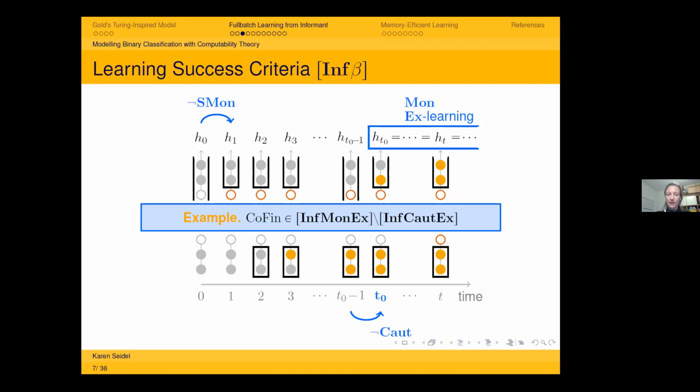One important example that separates monotonicity from cautiousness are the cofinite sets, the collection of all complements of finite sets. The strategy that works very well here is again an Occam's razor-like strategy, saying that you guess that the negative information you have seen so far is all the negative information there is. As there is a finite amount of negative information, once you have seen all of it, you will have succeeded.